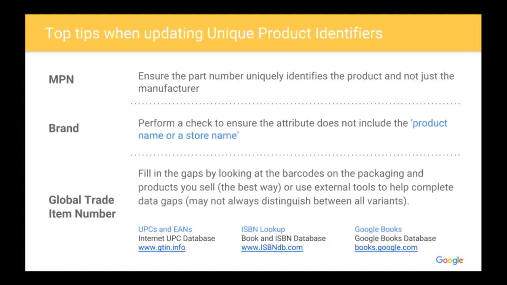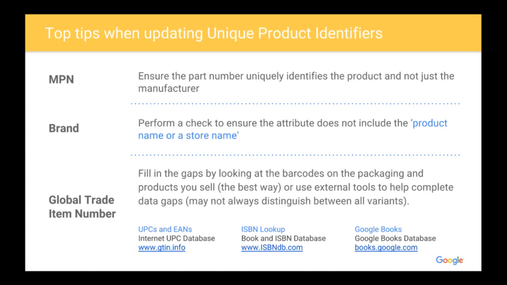All right, another way we want to ensure you're able to show the right products online to the right customers is unique product identifiers, which are things like the MPN or manufacturer part number, the brand, or the GTIN, which we mentioned earlier was the Global Trade Item Number. Providing these unique identifiers is vital to ensuring that Google recognizes your products and can offer the best experience for consumers.